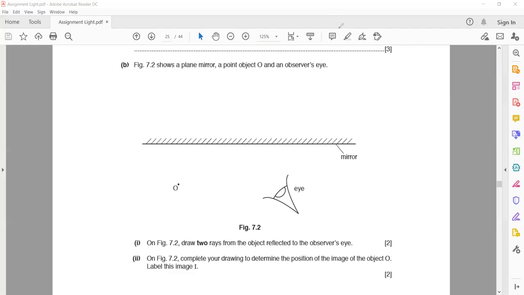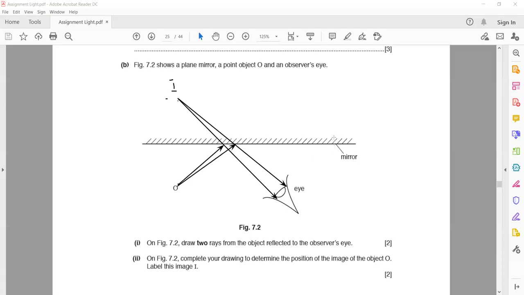Draw the two light rays from the image to the eye, and then complete these rays by joining on the mirror.